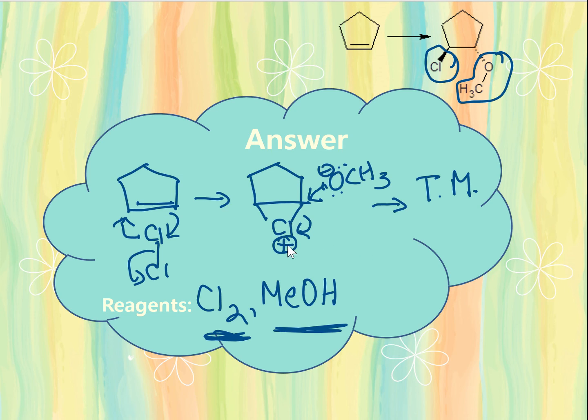So we form our three-membered ring, which is strained. And so our methoxide from our methanol can attack the carbon here, breaking the carbon-chlorine bond to quench the positive charge, and we end up with the product seen here.